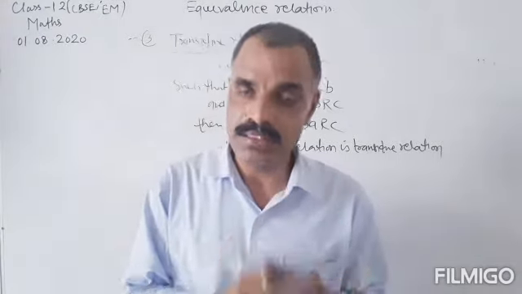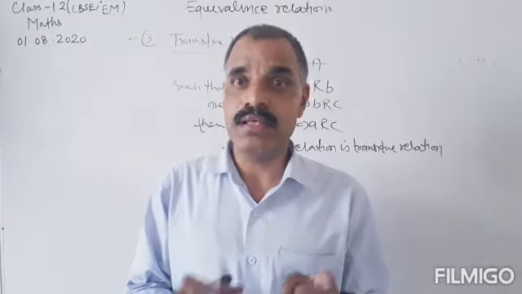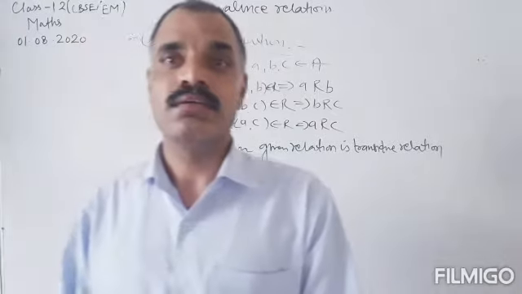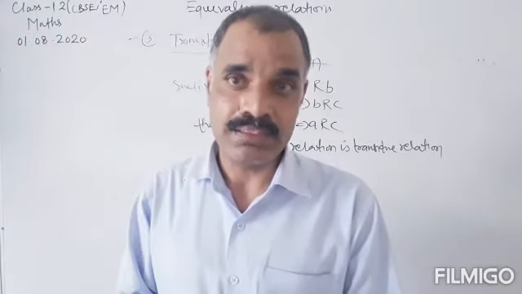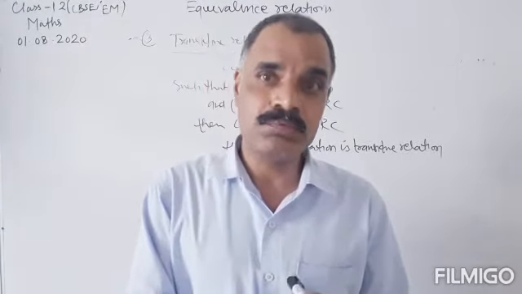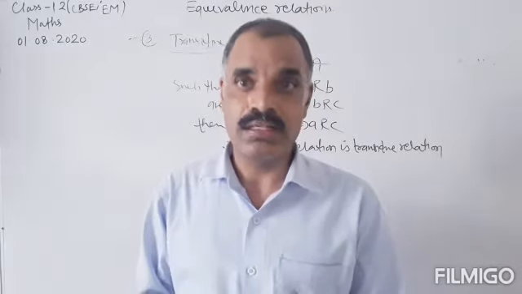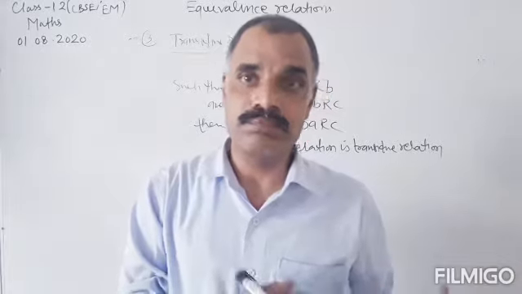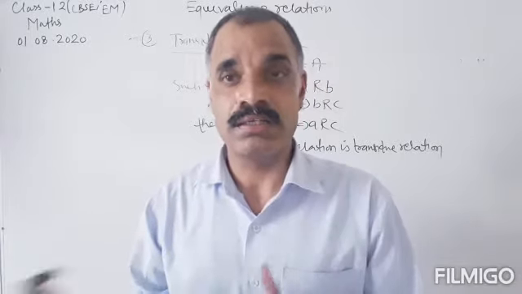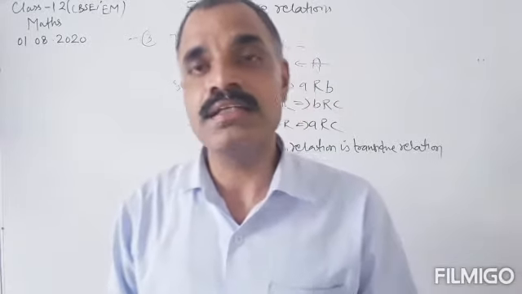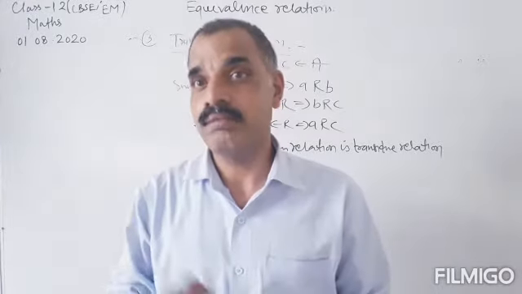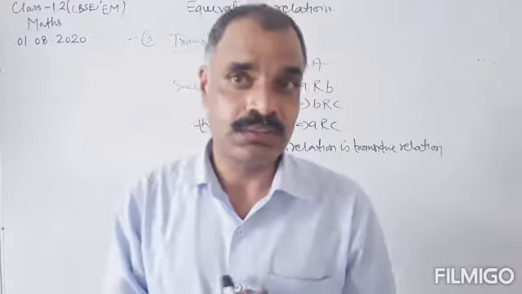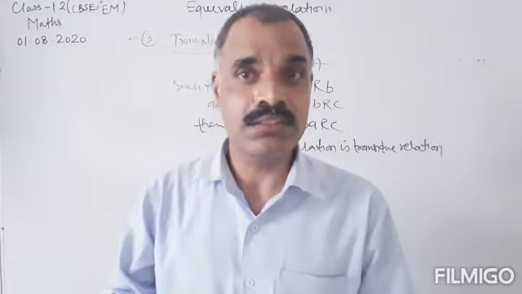Then symmetric relation: if element a is related to element b, then vice versa, element b will also be related to element a. Now transitive relation: if (a, b) belongs to R and (b, c) belongs to R, then (a, c) belongs to R. It means if element a is related to b and b is related to c, then element a is related to c.